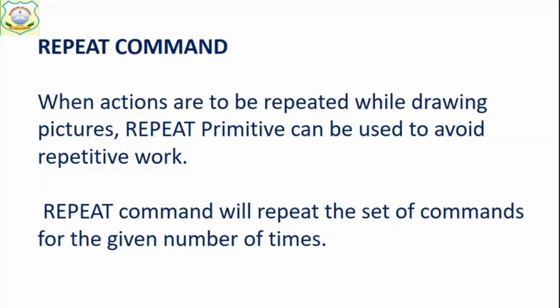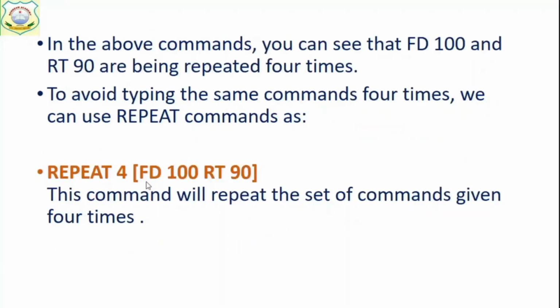Okay, now see. In the above example, see, here FD 100 and RT 90. We are repeating 4 times. Okay, now I am going to draw the square using the repeat command. For that, see, we are repeating FD 100 and RT 90 how many times? 4 times.